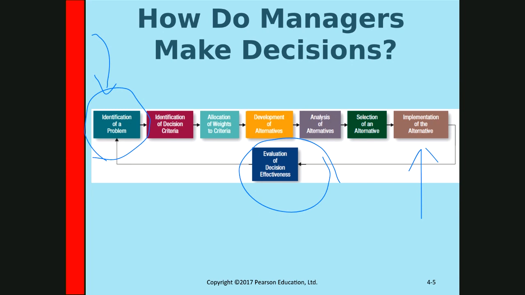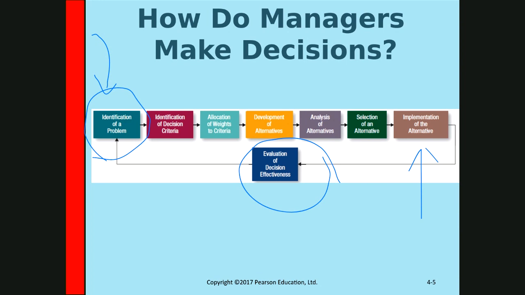Okay, let's continue. So when you do decision making, we'll be using this 8-step process. But please take note that if you are looking at decision making from another textbook, there might be processes that have only 5 steps or 7 steps or even 6 steps.